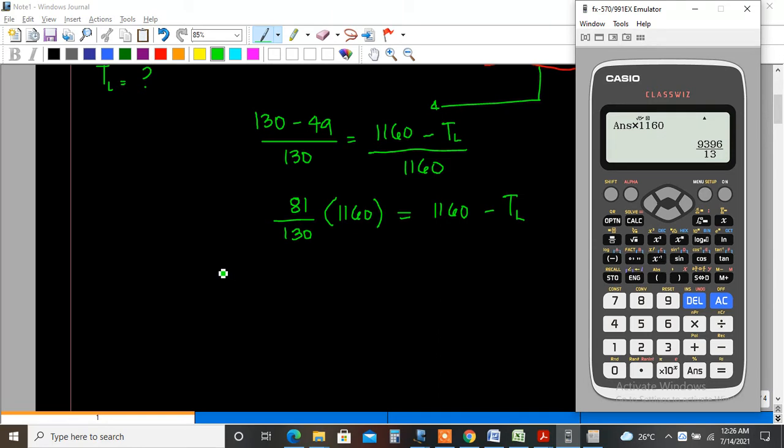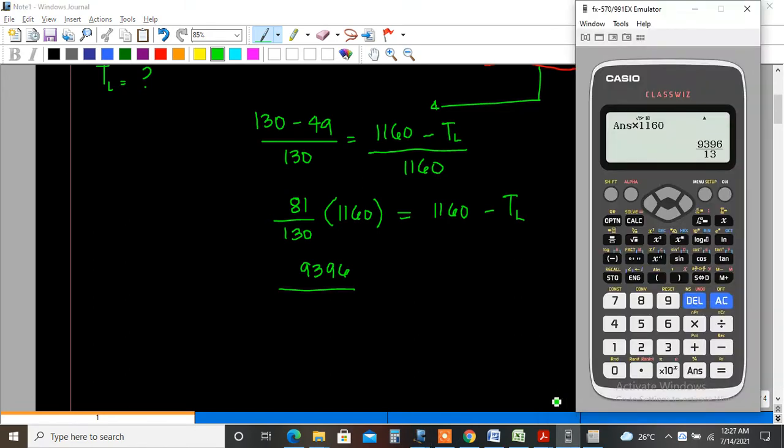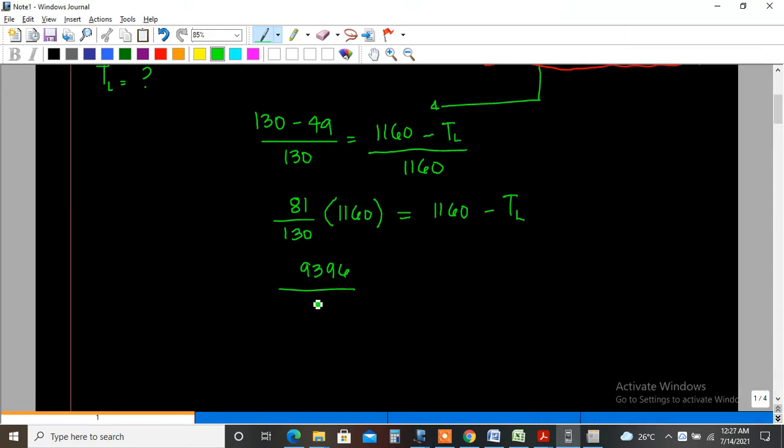That is 9396 over 13. Okay. So we have to transpose this 1160 to the other side.